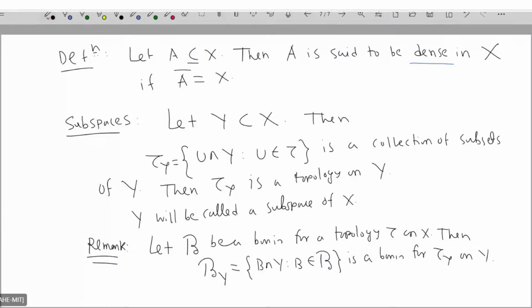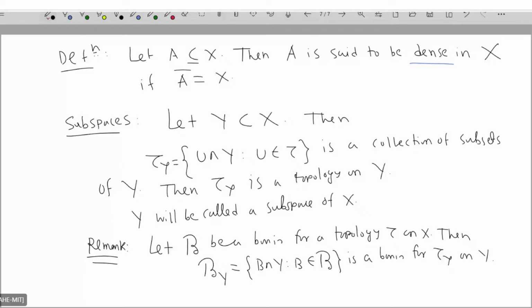You see that I said a basis for a topology, so that means you can have two different bases for the same topology. Two different bases can generate the same topology; that's also a possibility. Good. These are the basic things you just need to know before we move into the main topic.